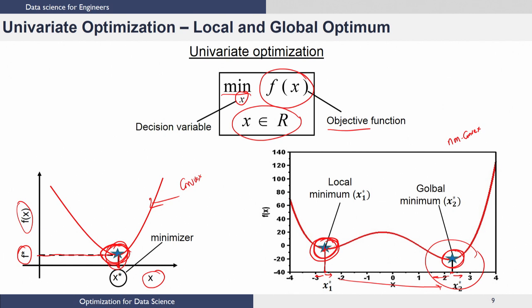I just also want to point out why this becomes a challenge. It becomes a challenge because when you run a data science algorithm, depending on where you start the algorithm, you will get different solutions if the problems are non-convex.